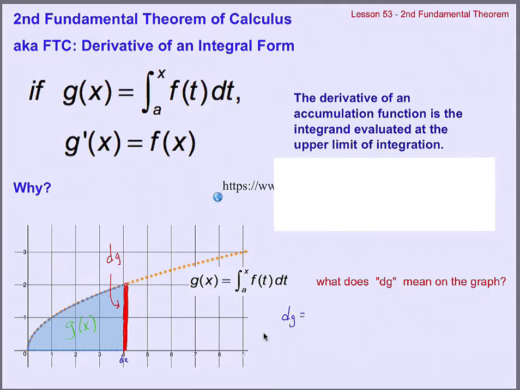So dg equals something times dx. Well, what is this height over here? That is simply the height of the function at whatever x value I'm talking about. Remember, the x value is the upper limit of integration. So wherever I'm stopping that integral, the height at that moment is f of x.